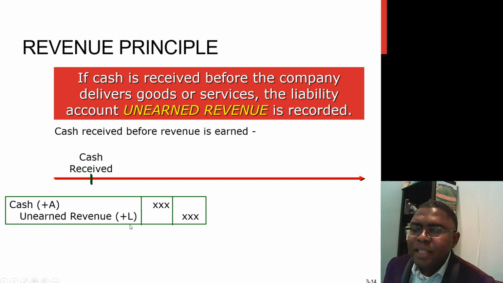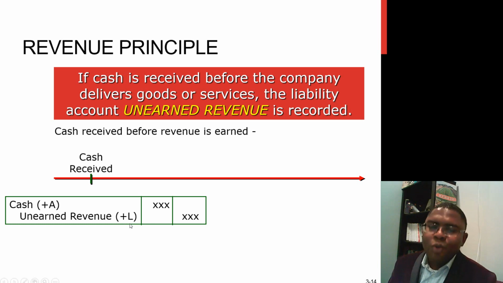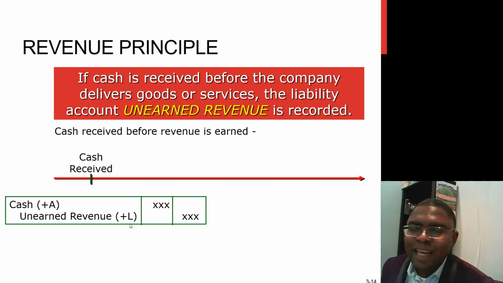Liability is increasing, and based on our rule, increases in liability are given a credit balance. So we always start with debit first, and then we record the credit side. So this is how we are going to journalize this transaction. Cash is increasing, a debit balance; liability, precisely unearned revenue, is increasing, it takes a credit balance.